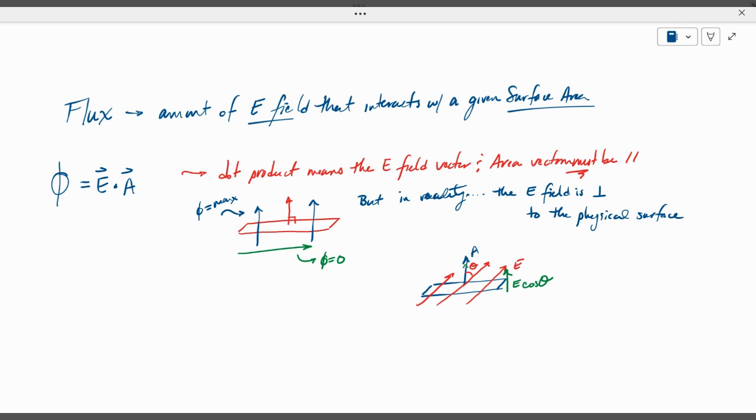So if we then take a step back, put it all together, phi, which is our flux, is equal to E dot A cosine of theta, where again, theta is the angle between the electric field vector and the area vectors. All right. So that's our baseline.